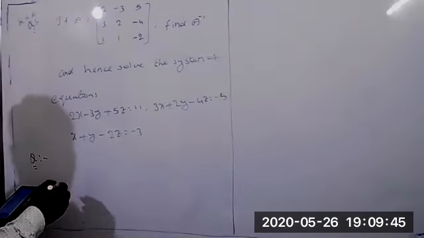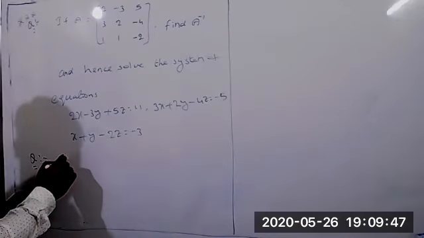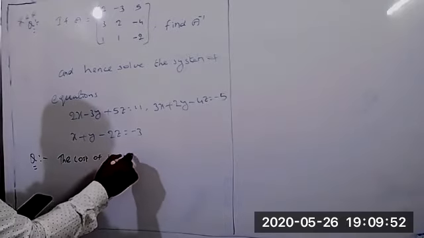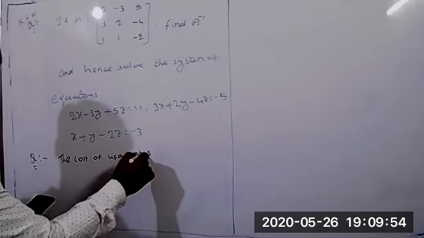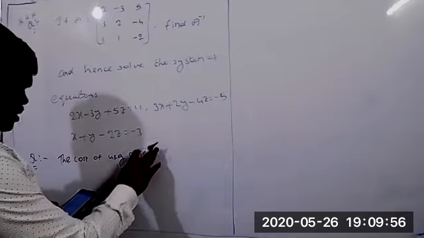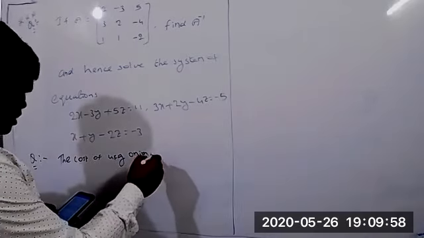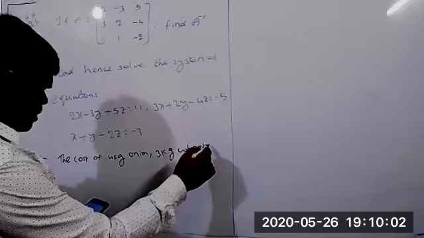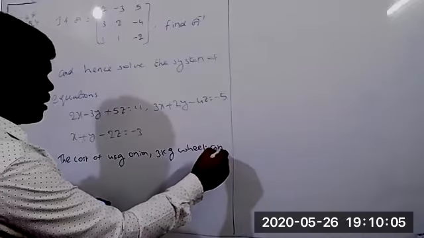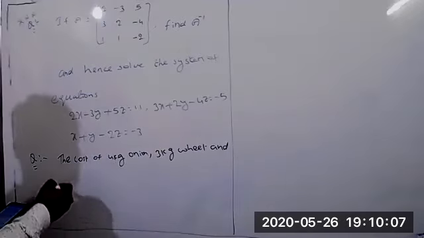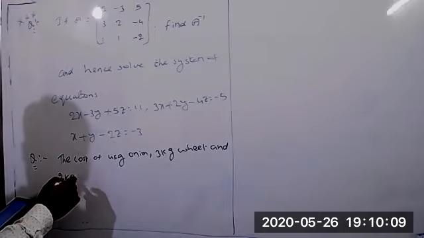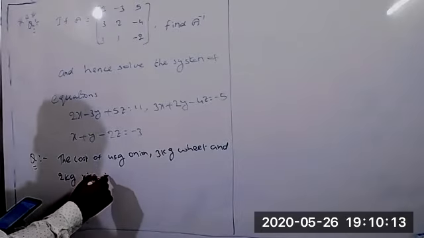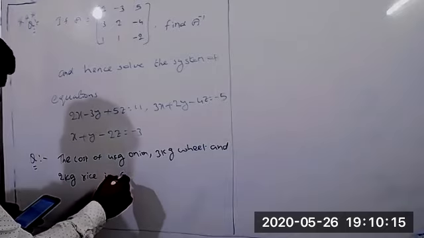The cost of 4 kg onion, 3 kg wheat, and 2 kg rice is 60 rupees.